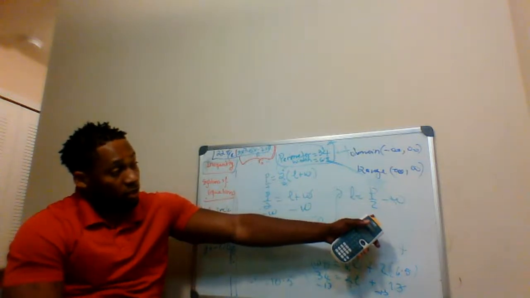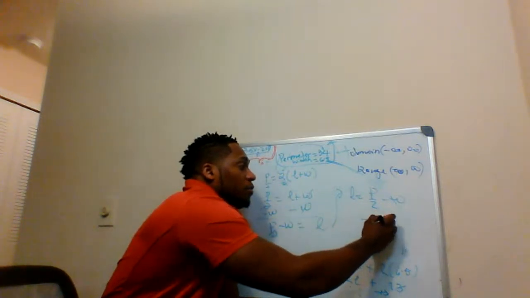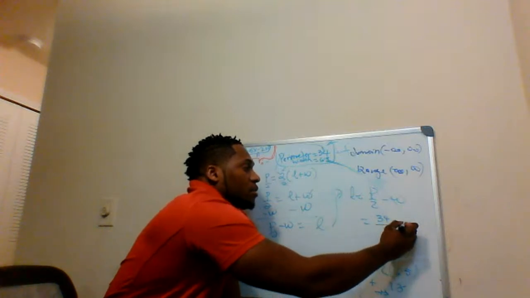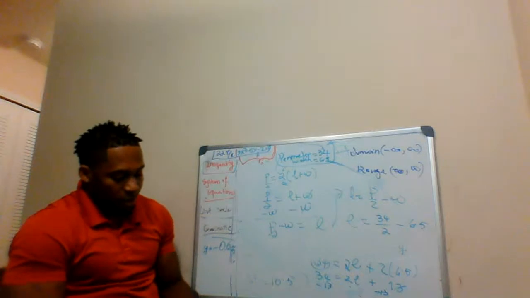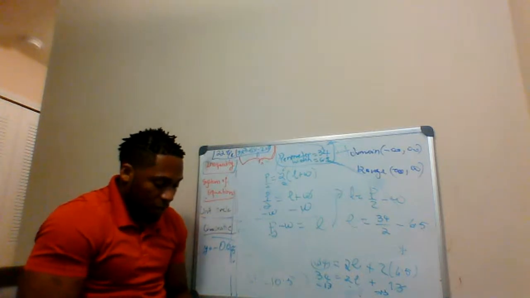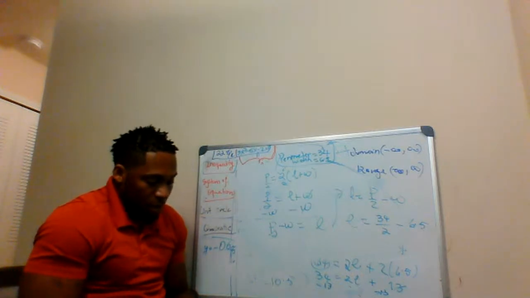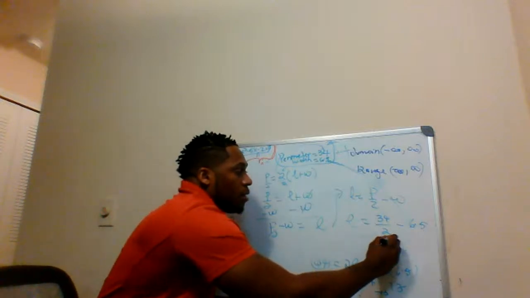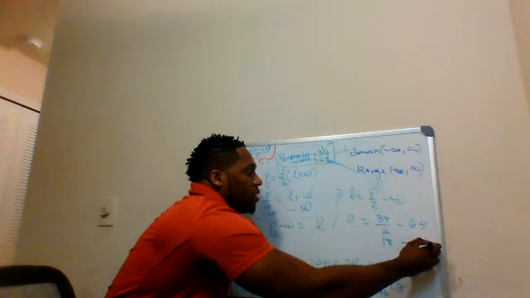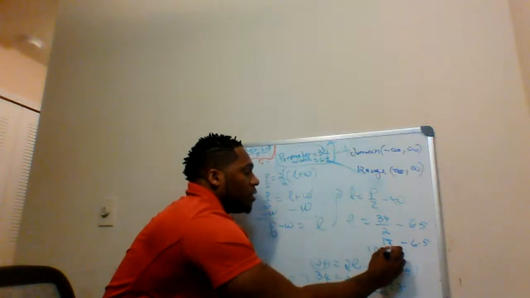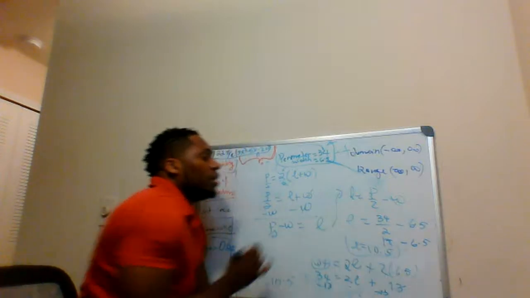P over 2, 34 over 2, minus W, which is 6.5. L is what? Same thing. It should be 10.5. 34 divided by 2 is 17. 17 minus 6.5 is 10.5. So either way you slice it, L is equal to 10.5.